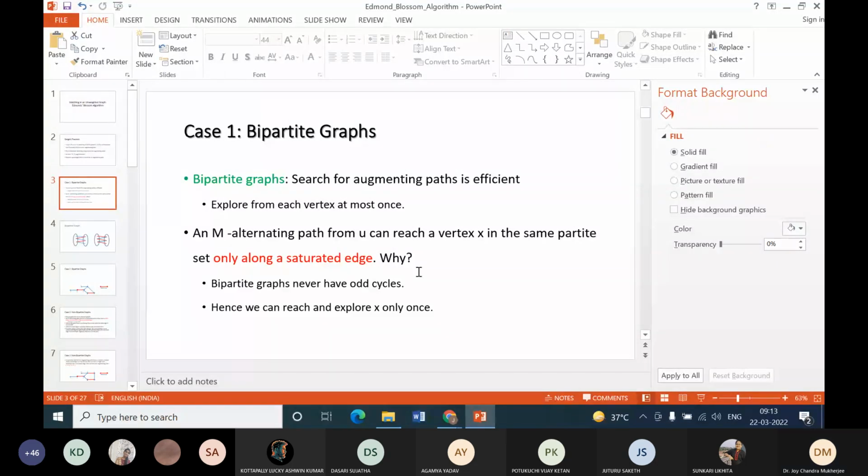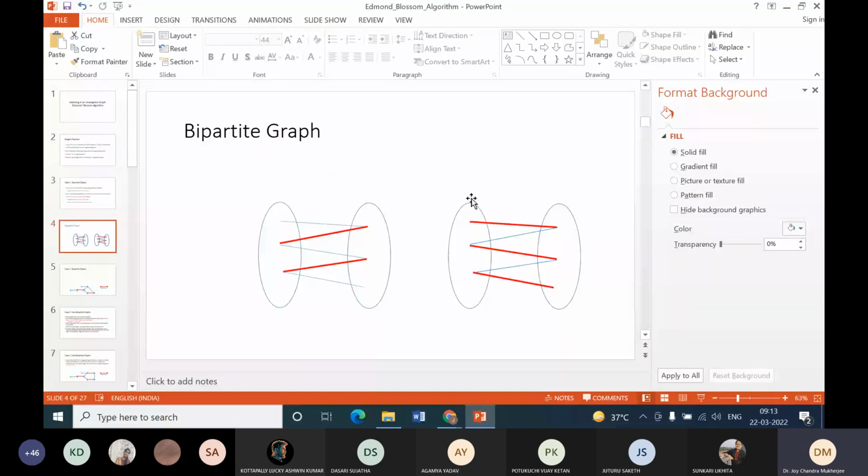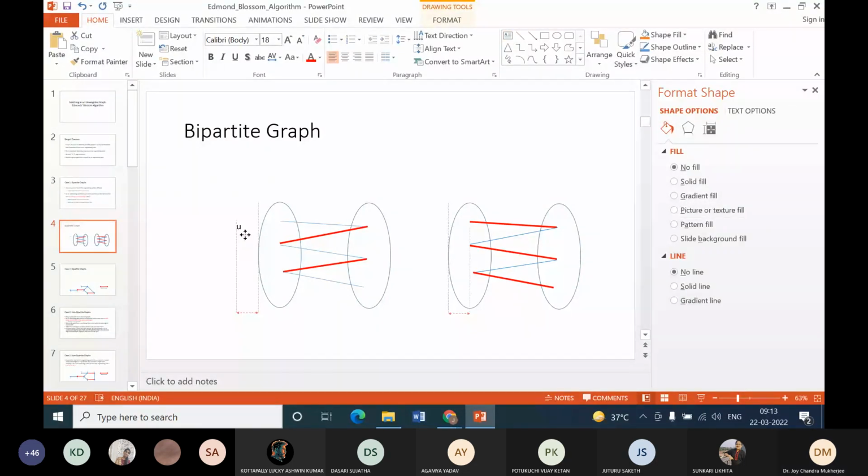So if I start from any vertex U, I will reach any vertex X in the same partite through a saturated edge only, using an alternating path.